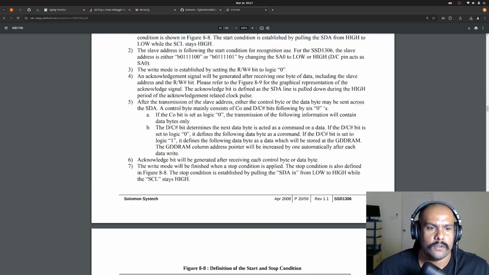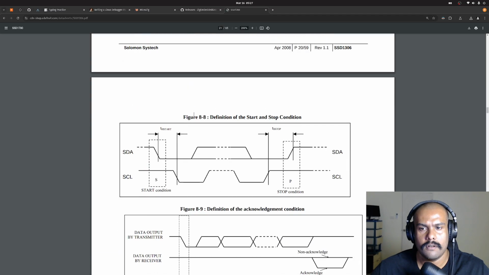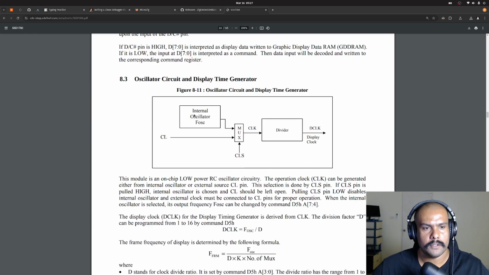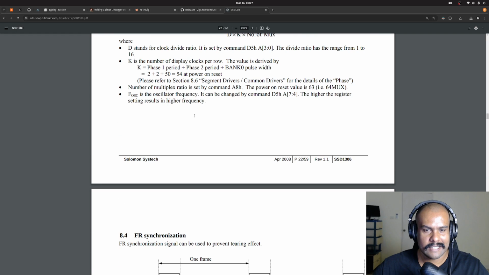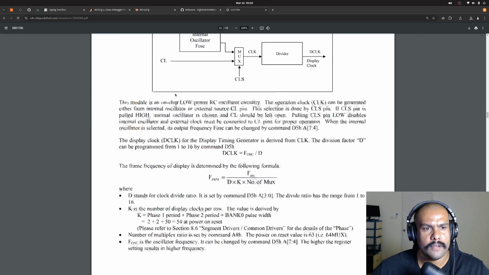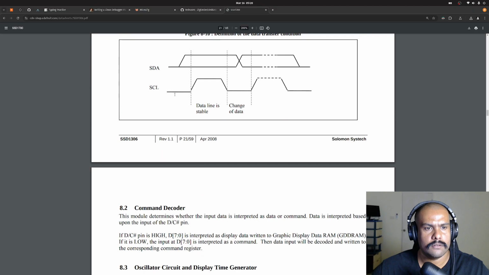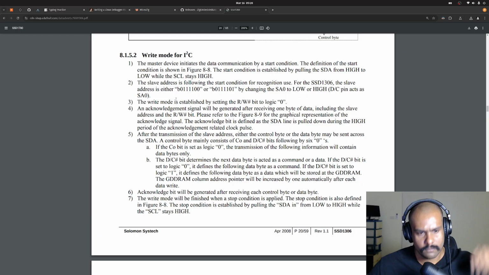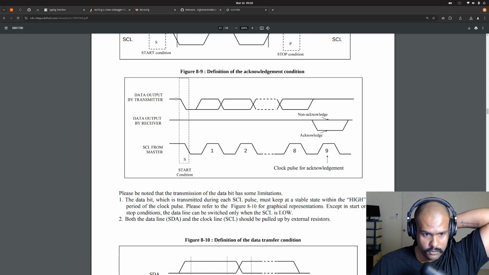Yep, I got all of this bit. Yep, stats, blah blah blah. Decoder. I feel like I can skip this one. FR synchronization. Write mode for I2C.